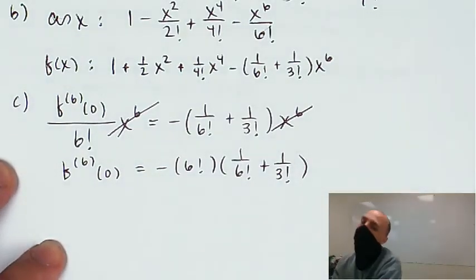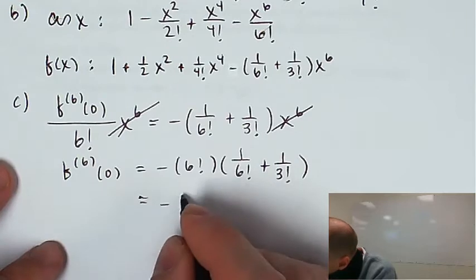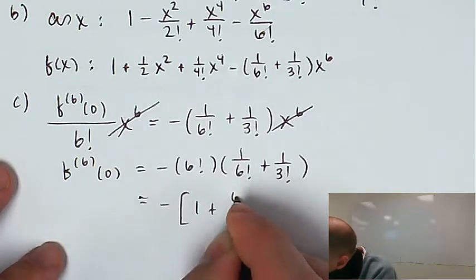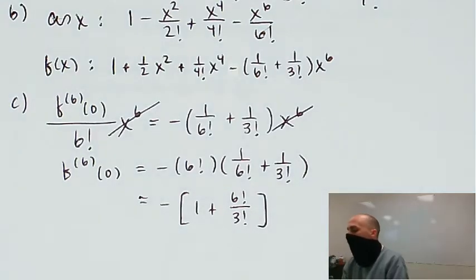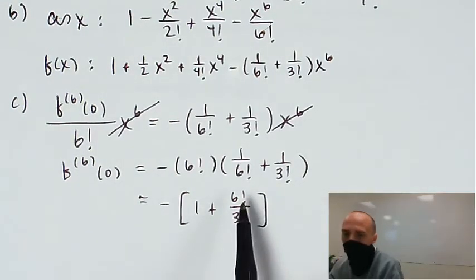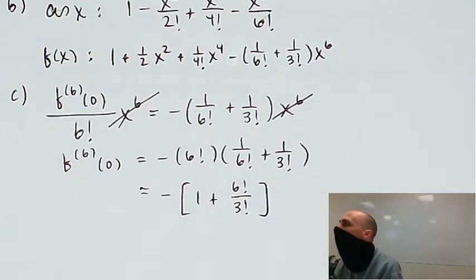There is a multitude of ways you can write this. The most common other way would be the negative of 1 plus 6 factorial over 3 factorial. And that's 120, I think. 6 times 5 times 4, yeah, it is. But you don't need to say that's negative 121. You definitely don't need to.